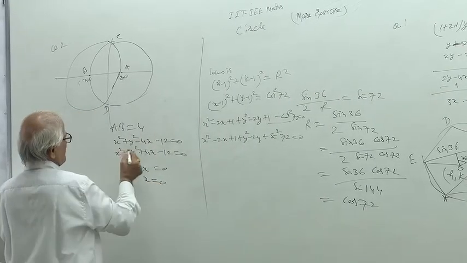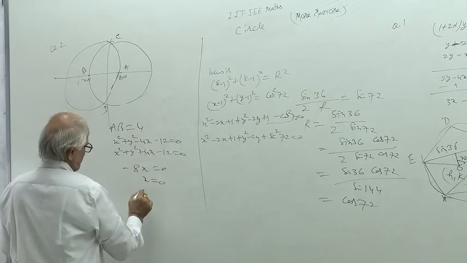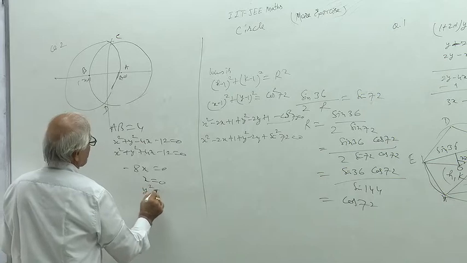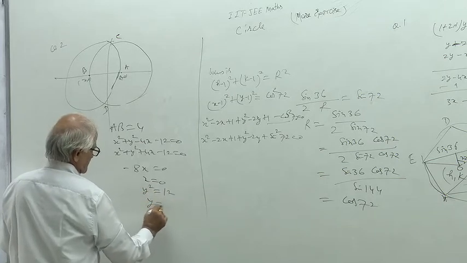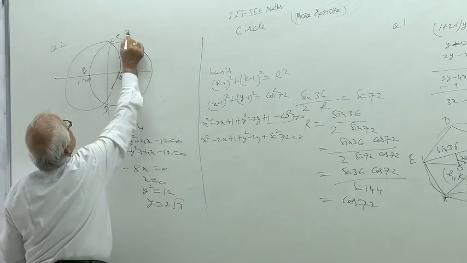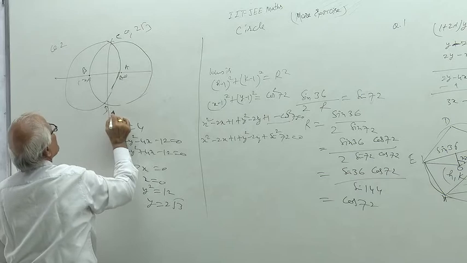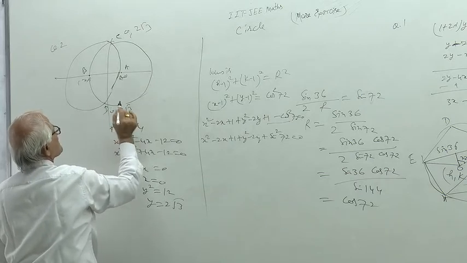Now put x is equal to 0, we have y square is equal to 12. So y is equal to 2 root 3. Now this point is 0, 2 root 3. Also this point is 0, minus 2 root 3.